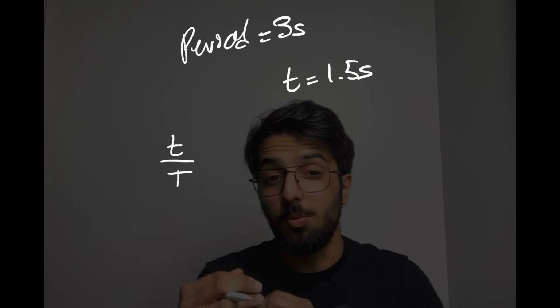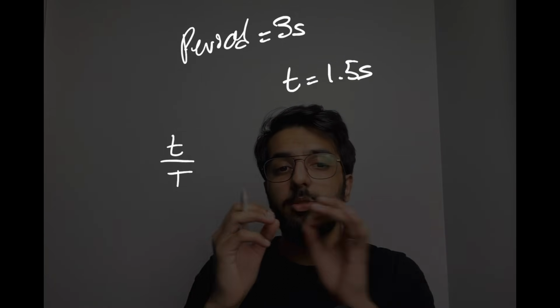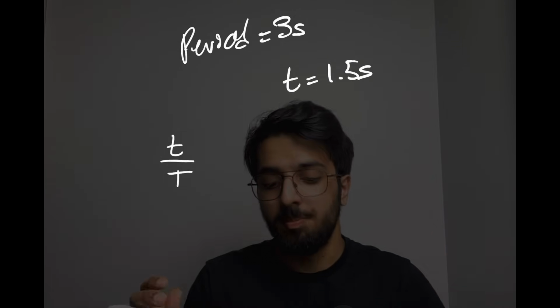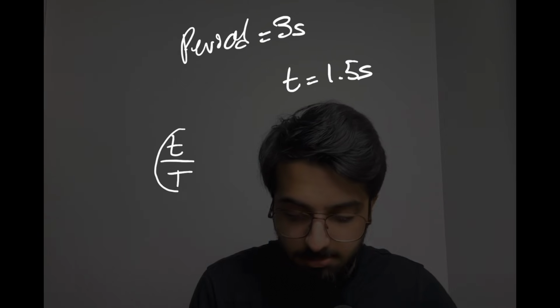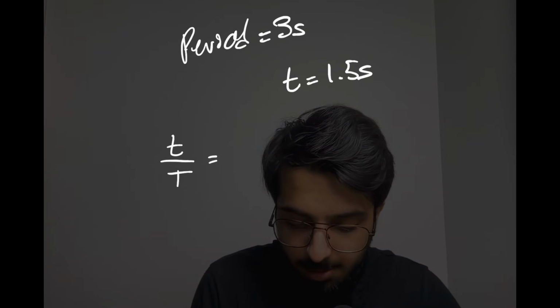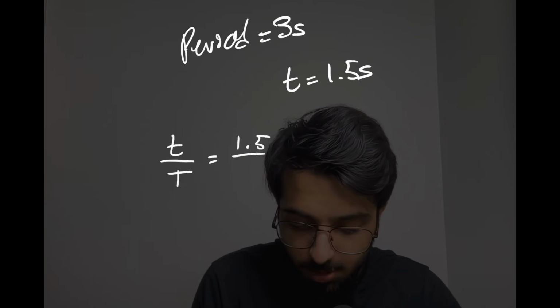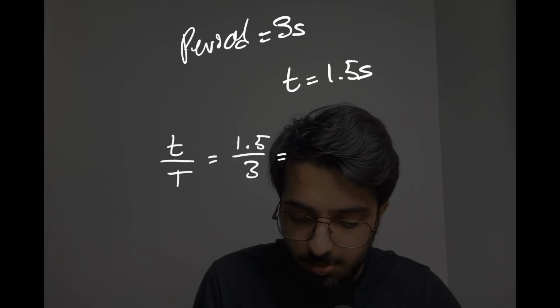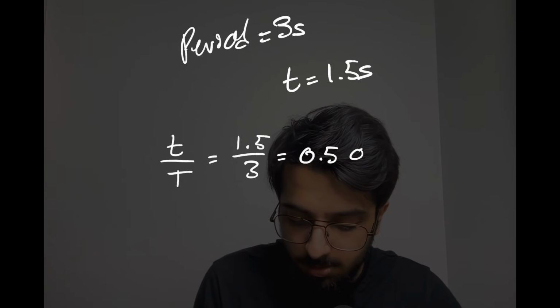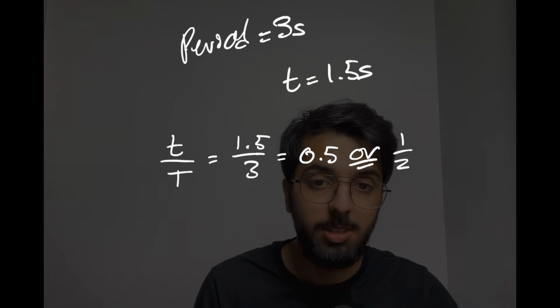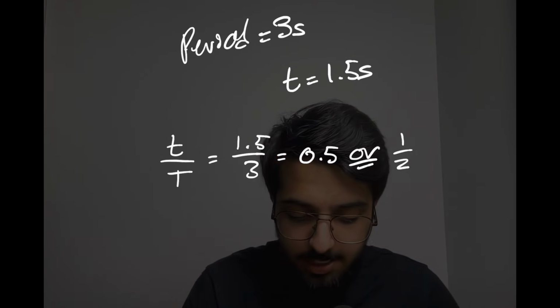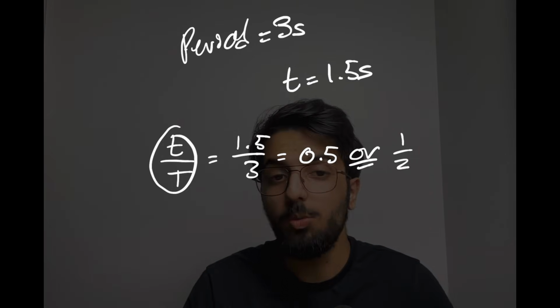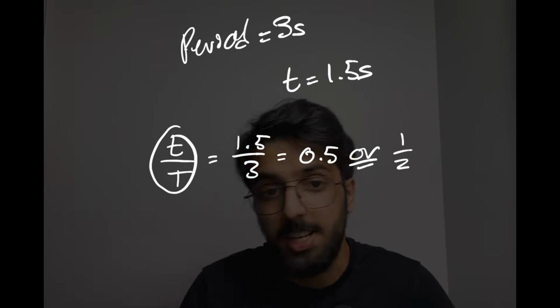So we know intuitively that the pendulum should be halfway through its period. And this fraction tells us that. If we sub in our numbers, 1.5 all over 3, that is equal to 0.5, or 1/2, right? So that gives us the fraction of our period that we've gone through, okay, at time t.